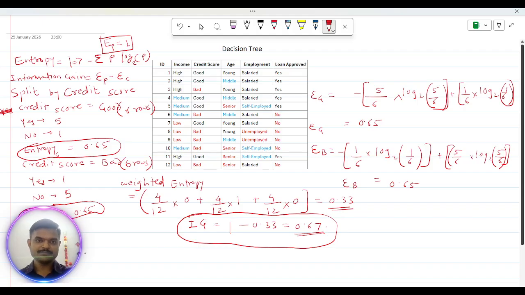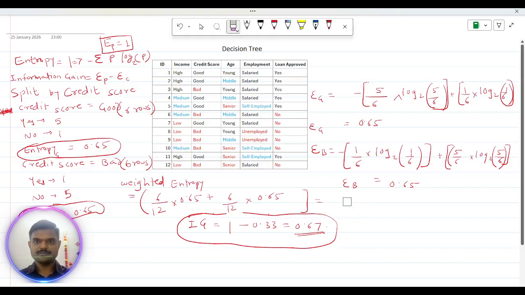Now what is the weighted sum of these? The weighted entropy is 6 by 12 multiplied by 0.65 plus 6 by 12 multiplied by 0.65, which is equal to 0.65.